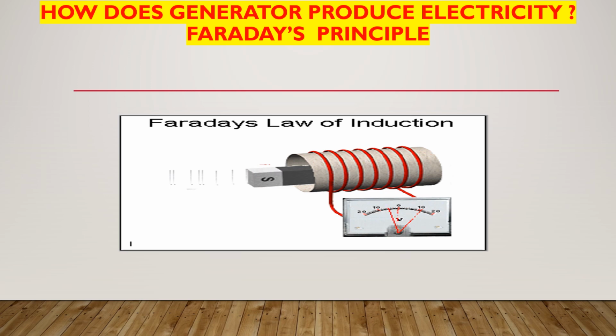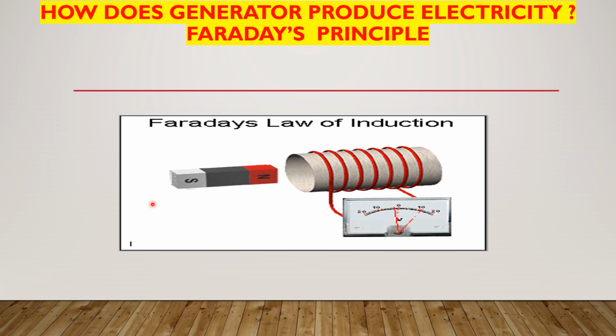How does generator produce this electricity? This is the biggest question. Okay, rotation of the turbine is done, but how with rotation of turbine, electricity is produced? That's the biggest question. See, that is based on Faraday's law of induction. You can see two things, the bar magnet and the conductor.